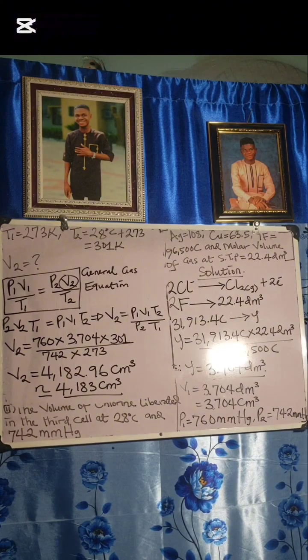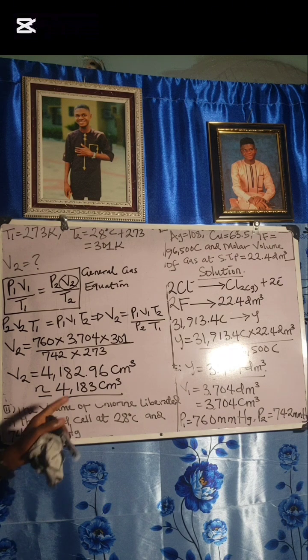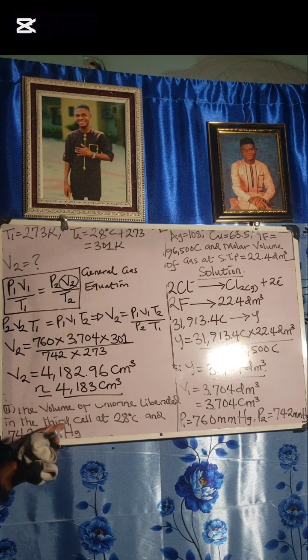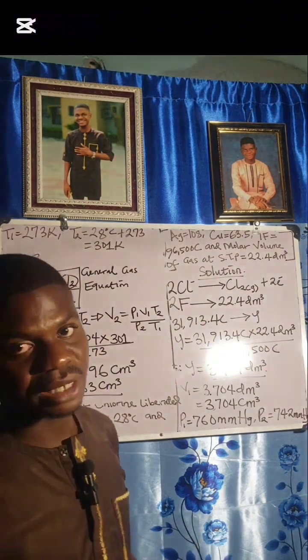So our final answer is 4,182.96 cubic cm, which can be approximated to 4,183 cubic cm. And that is the volume of chlorine liberated in the third cell at 28 degrees C and 742 millimeters of mercury.